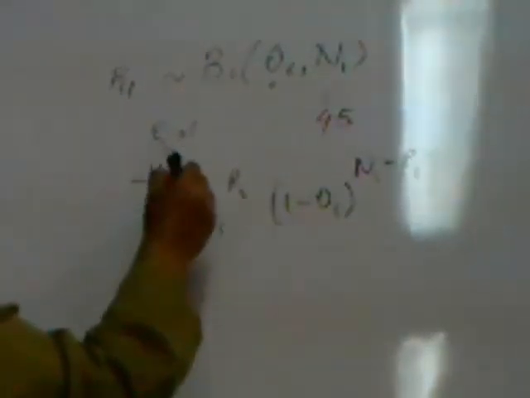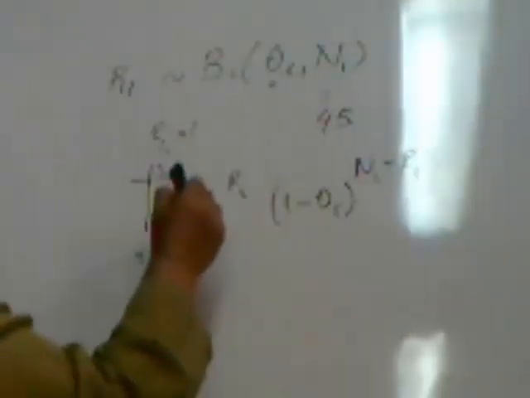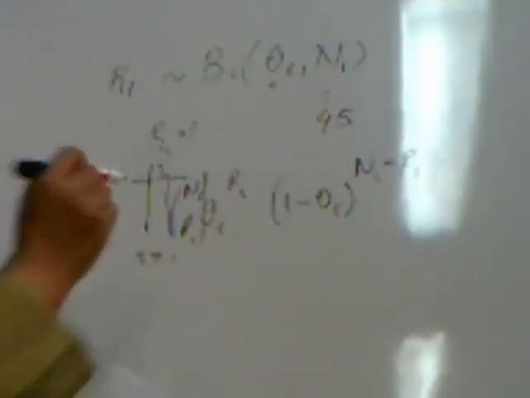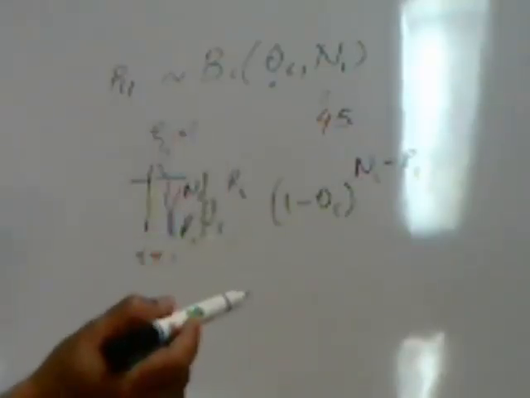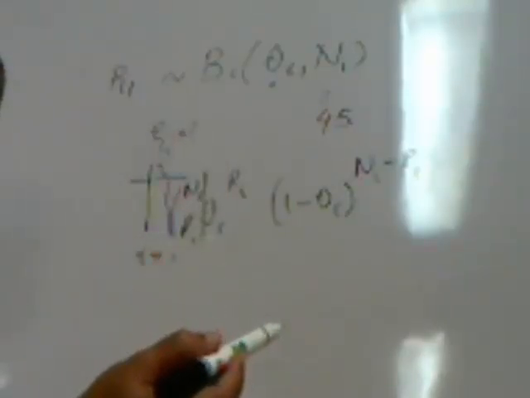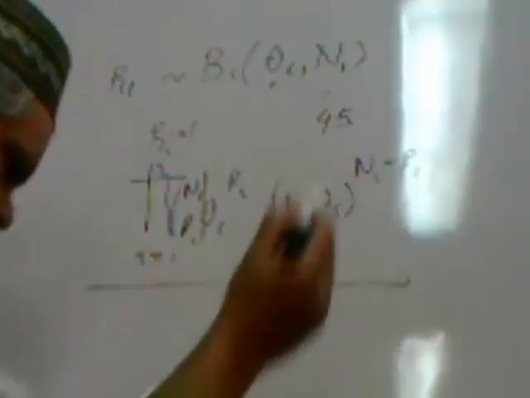Let me put it down: Ni, Ri, although it doesn't matter. Now, this is the joint density of the theta I.